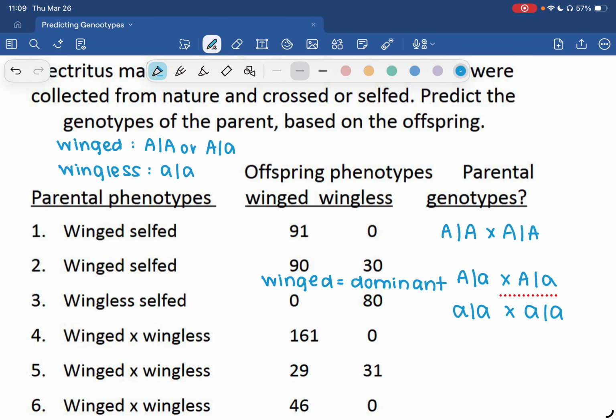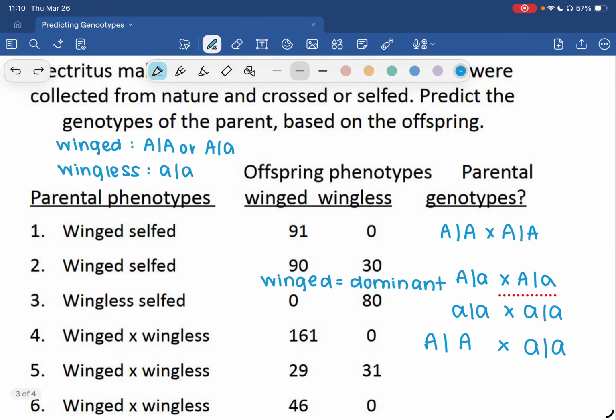Okay, moving down to the fourth one, we have a winged individual times a wingless individual. So we know a wingless individual would be little a. And then for a winged individual, we know that it would have to be a homozygous dominant because you're not getting any of those wingless individuals.